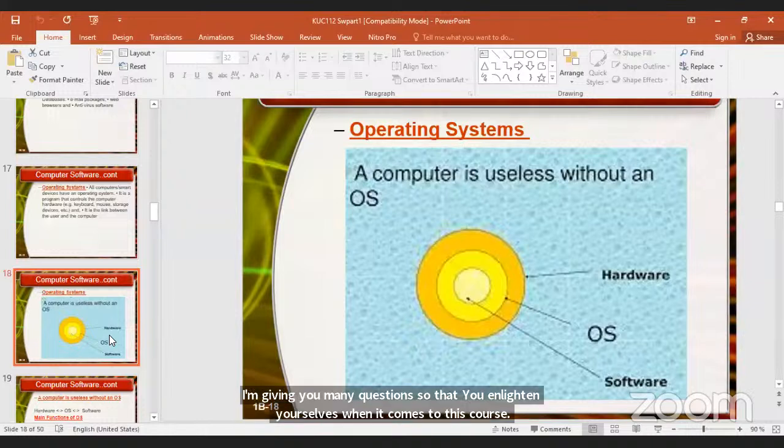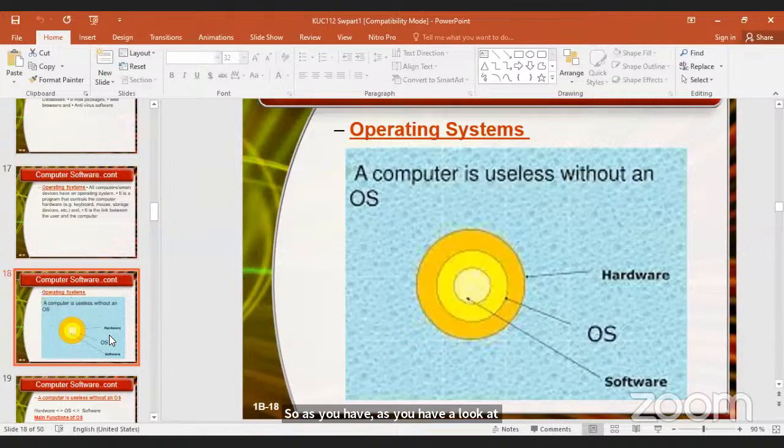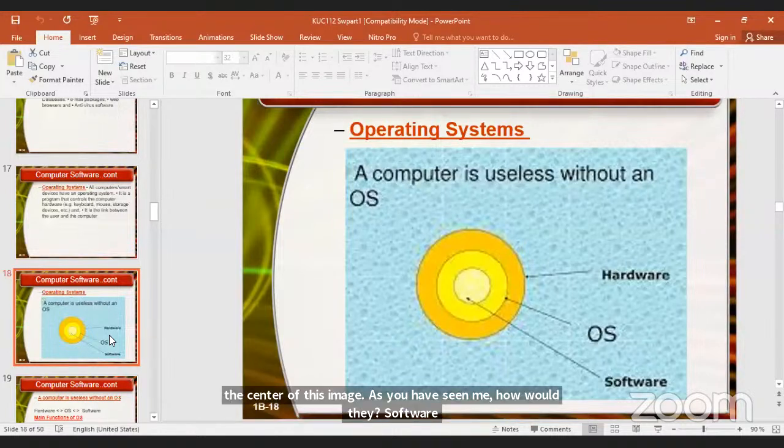So as you have a look at this image, at the center of this image, as you have seen, we have the software. At the outside, we have the hardware.